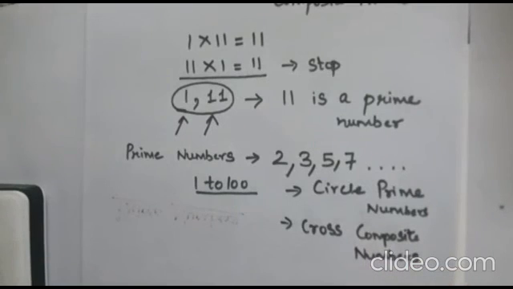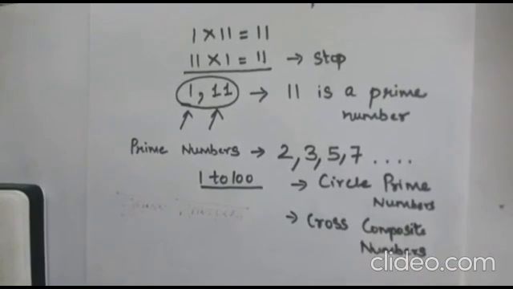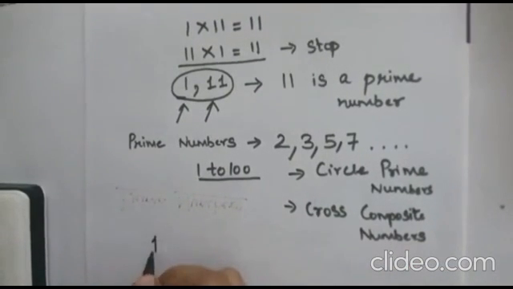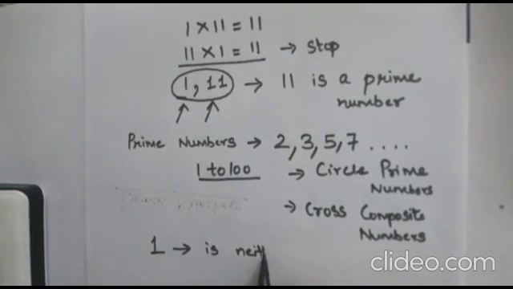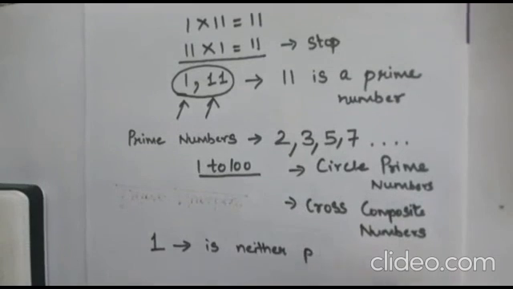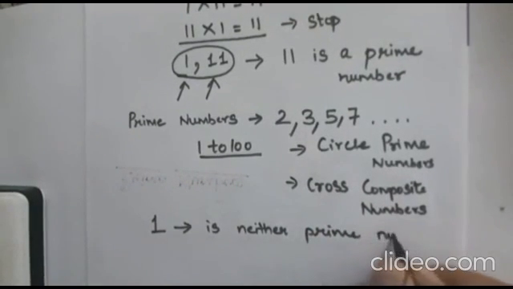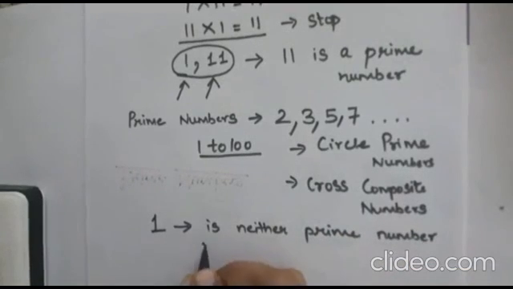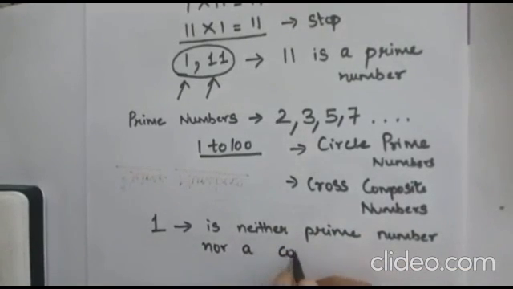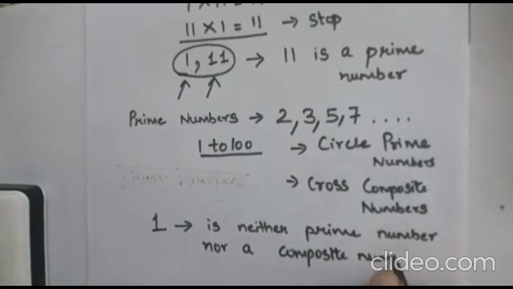Clear? Now students, keep one thing in your mind: 1 is neither a prime number nor a composite number. Why are we saying that 1 is neither a prime number nor a composite number?